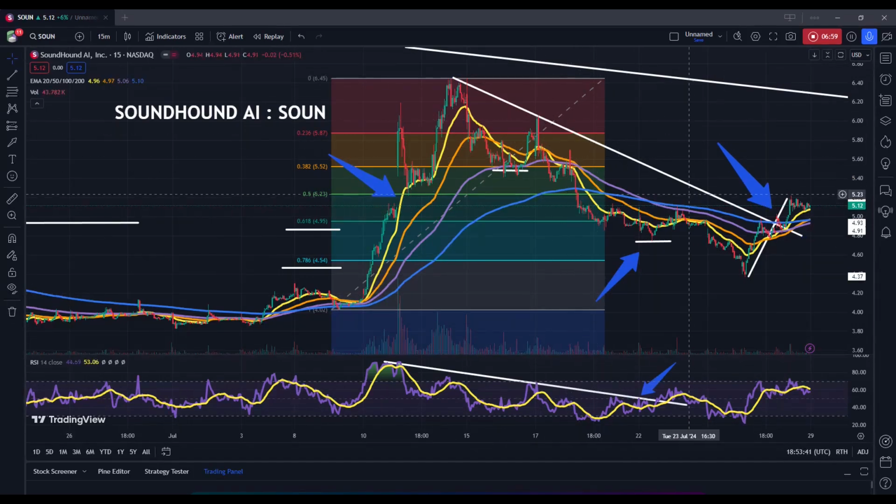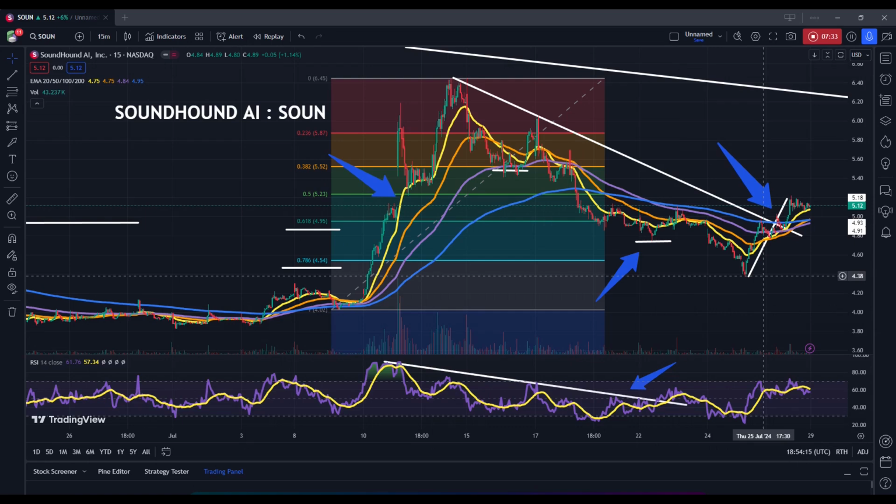We've broken above this important downtrend line, and the negative reading in the relative strength index has officially run its course, suggesting that a downside trend in underlying share price momentum is no longer active in the market. To the downside, I would continue to watch this 4.40 level as a potential support zone that can be used for buying activity. And to the top side, I would remain watching this 5.70 level as a potential resistance zone.